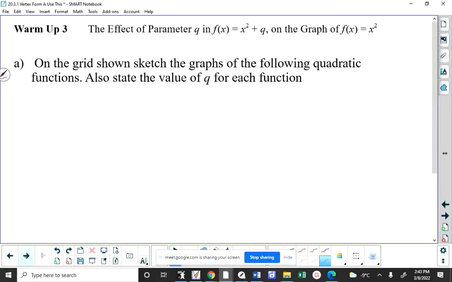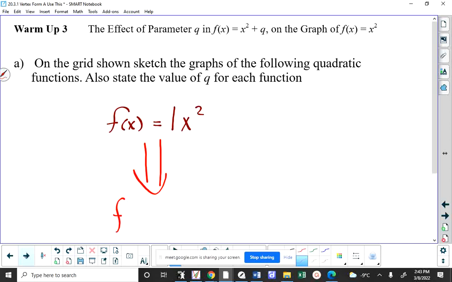So what is the effect of the parameter Q in f of x equals x squared? So f of x equals x squared here, which by the way has an A value of 1, but it's not important. We're going to add something to it. We're going to change this to f of x equals x squared plus q.